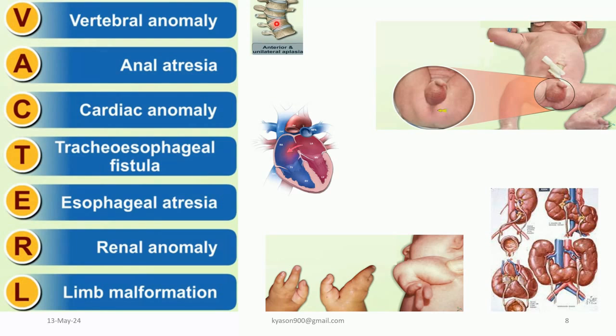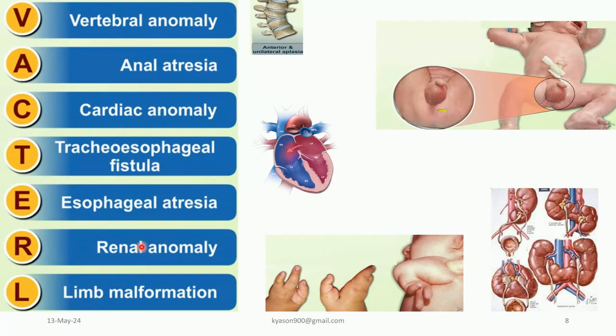For example, bones, the heart, the limbs, these come from mesoderm. The renal system, all these come from the mesoderm. So in most cases, whenever there is an esophageal atresia and a fistula, there is a very high chance that this kid may also be having a cardiac anomaly.